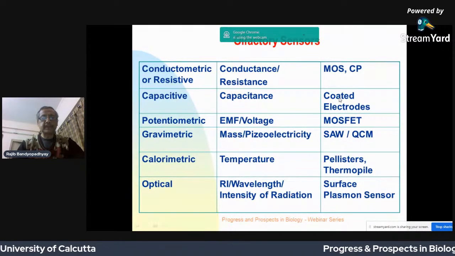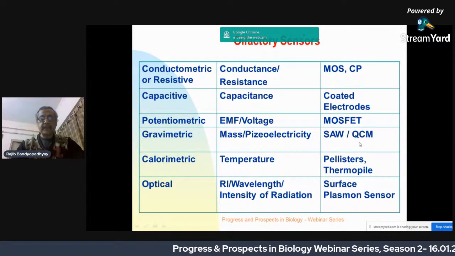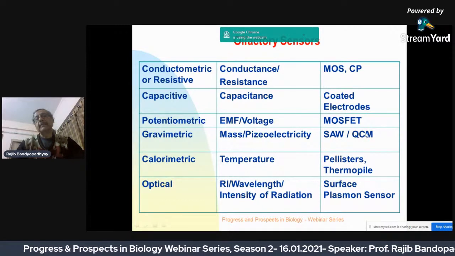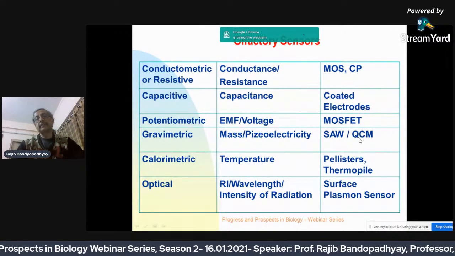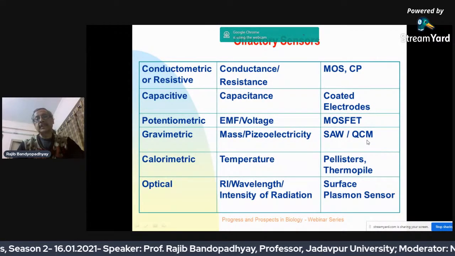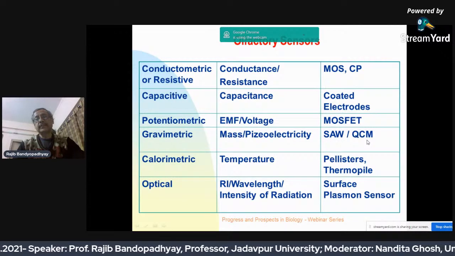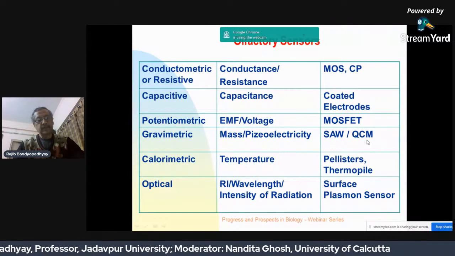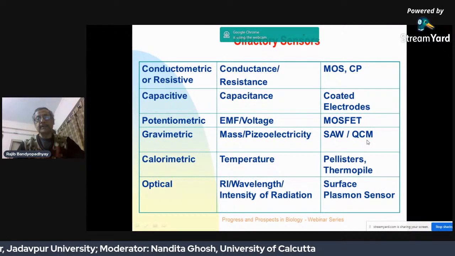And there are other types of sensors. For example, there's a change in capacitance or change in voltage. And another sensor that we can make in our laboratory is the quartz crystal microbalance sensor. Basically there's a quartz crystal, and the frequency of the quartz crystal changes if a particular odorant molecule is adsorbed on the surface.